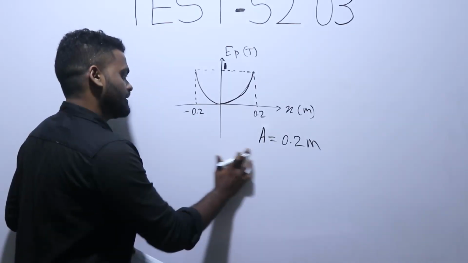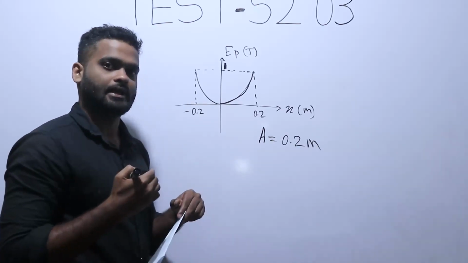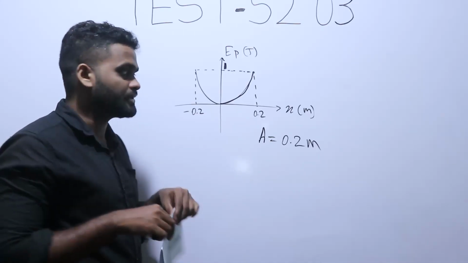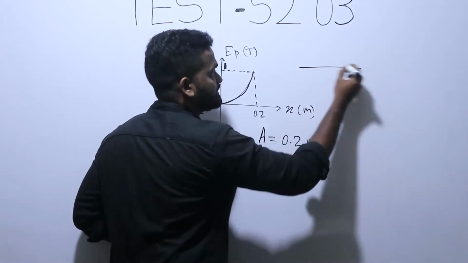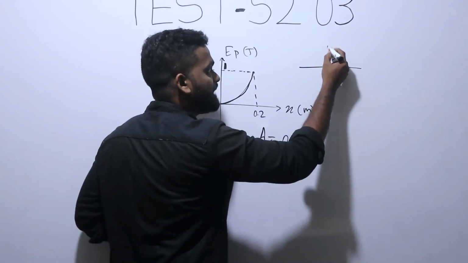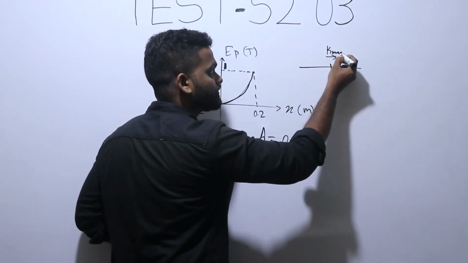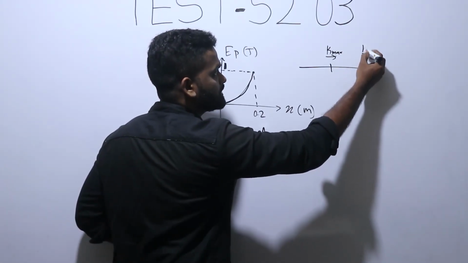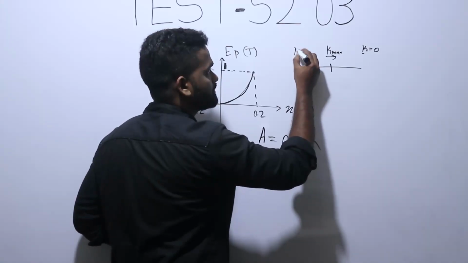If you understand the variation of energy in simple harmonic motion, I'll just further explain that. At the center, it has a maximum kinetic energy. At the amplitude, kinetic energy is 0.